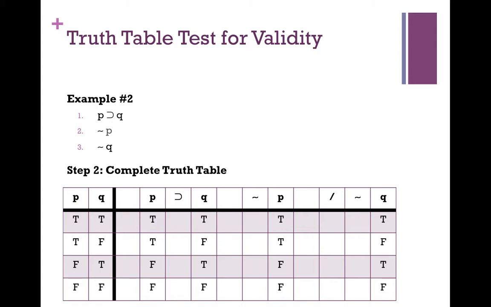So we'll begin with premise 1. Again, logically speaking, we could fill in the truth values for these connectives in any order we want, but we'll just start right here. And the truth value for this connective is just the same as a conditional, so it's going to be true. Remember, it's only false if the antecedent is true and the consequent is false, and then true. So we've done that, and then we'll come to premise 2.